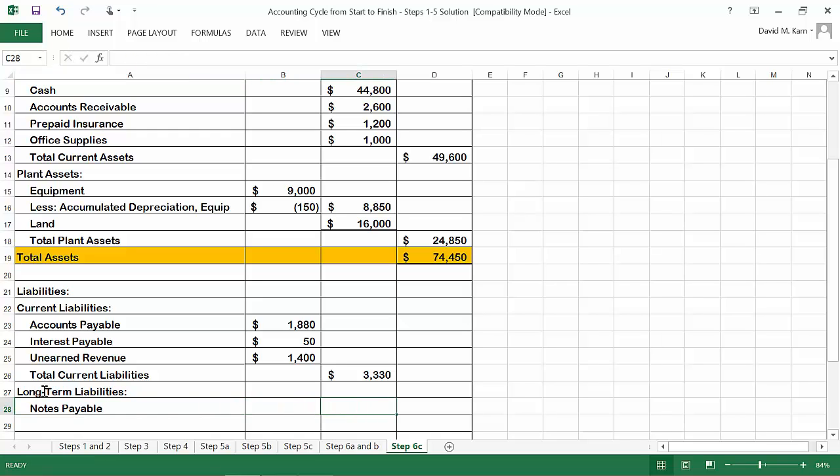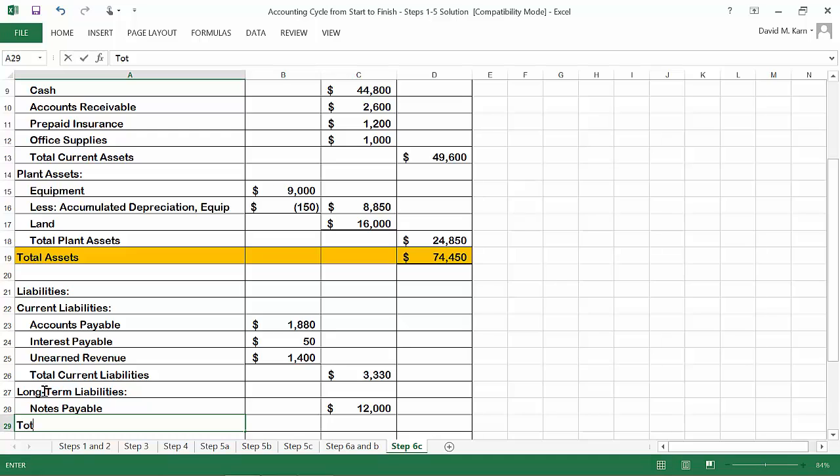Pay that back in 5 years. Now, let's say you had a mortgage payable. Obviously, that would be a long-term liability. However, in that case, you would have a current portion of the mortgage payable that was due within 1 year. That would be in the current section, and the other part of the mortgage payable would be in the long-term section. Okay, the notes payable was $12,000.